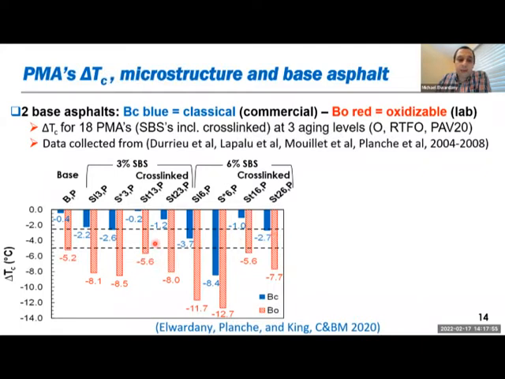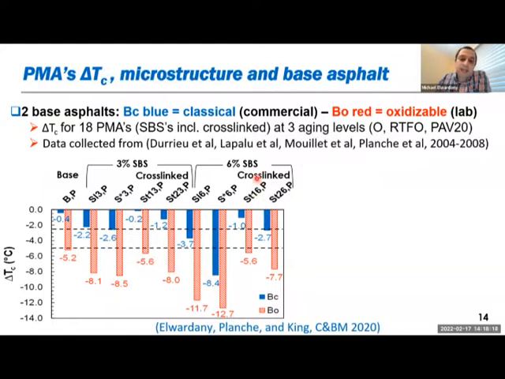More importantly, when we added 3% linear or radial SBS, we have some drop in delta TC. But then if we do cross-linking, that delta TC would improve again. And so on with 6%, very low delta TC, as you can see here. If it's cross-linked, that would improve.